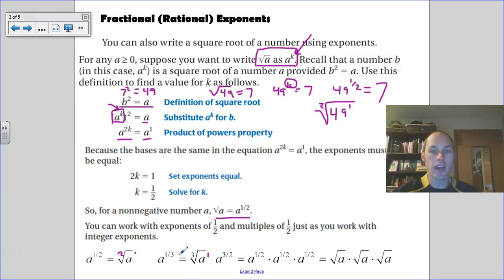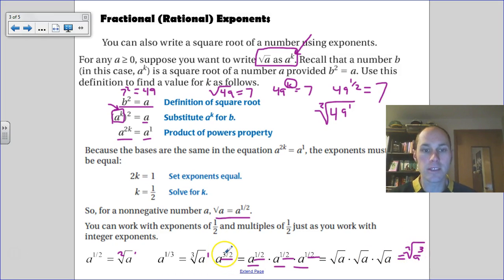And a to the 3/2, well, I know 3/2 if I use my property of exponents, I know that a to the half times a to the half times a to the half, because I add exponents when I multiply with the same base. So it's really taking the square root of a times the square root of a times the square root of a, which another way to write that would be the square root of a multiplied 3 times under the radical, so a to the 3rd, and we take the square root of that.